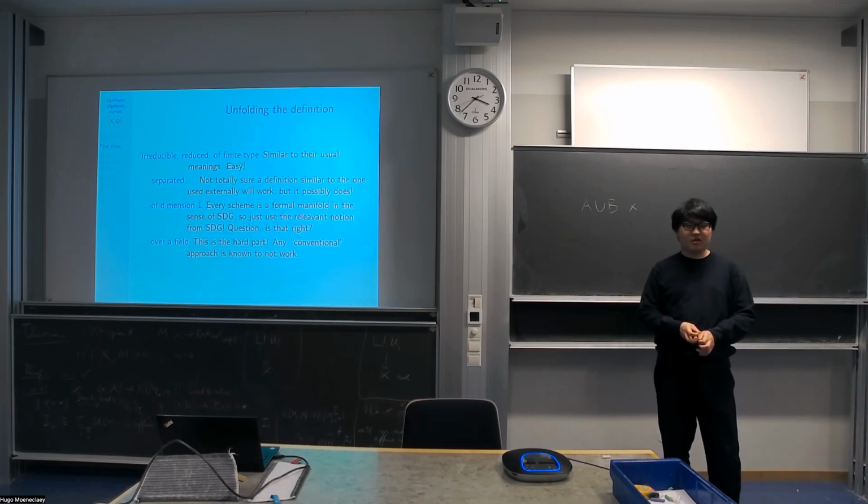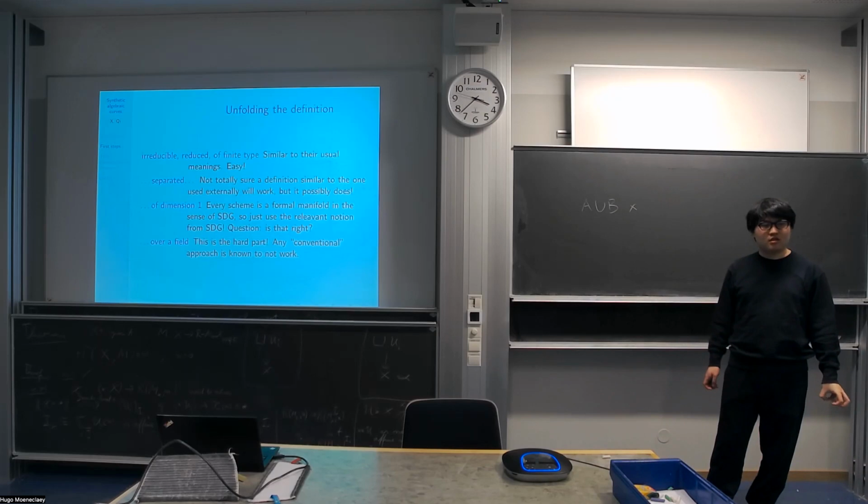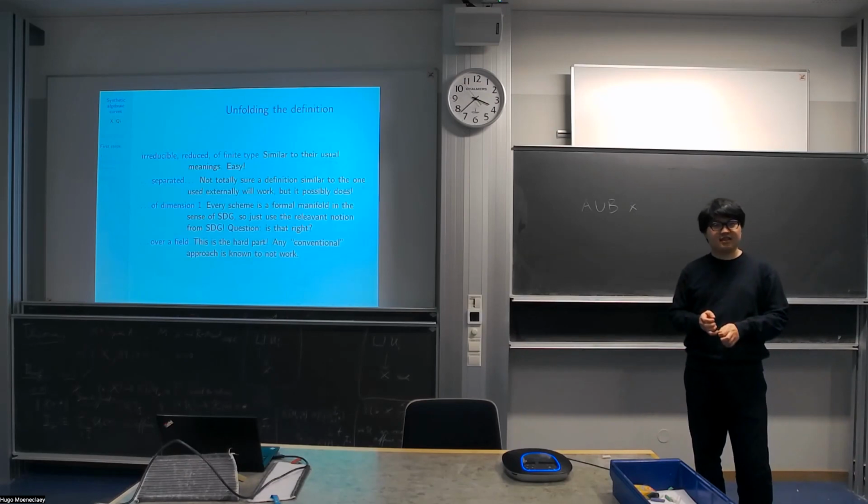Irreducible, I mean, so let's take a family of quadrics in the plane that at some point degenerate into two lines. Yes. Mm-hmm. So at special points, the family is not irreducible.